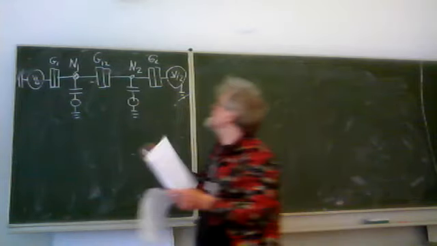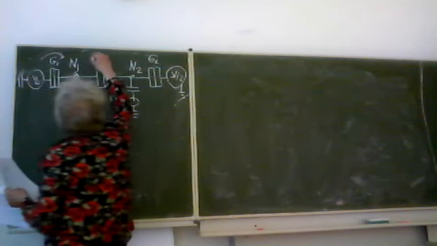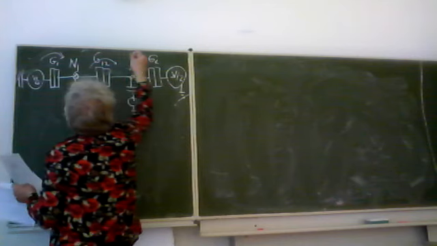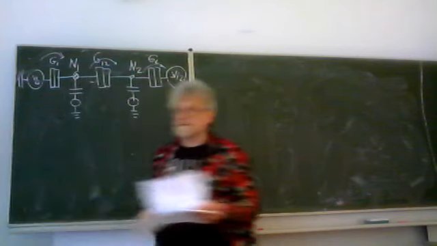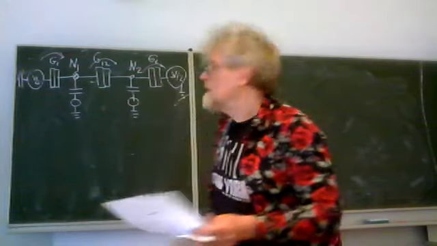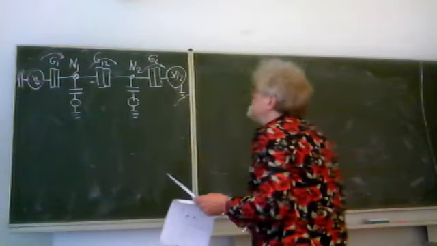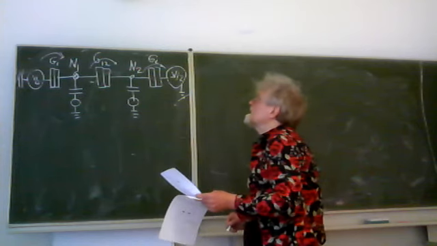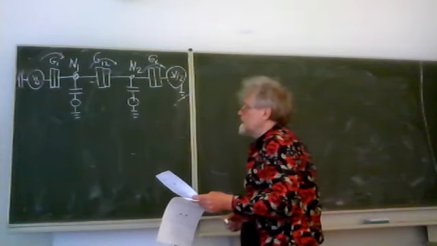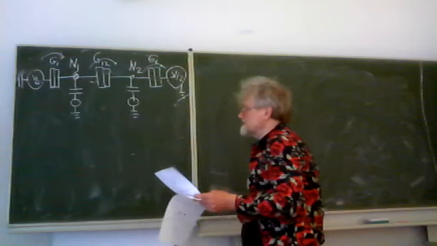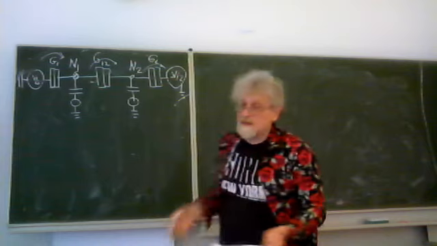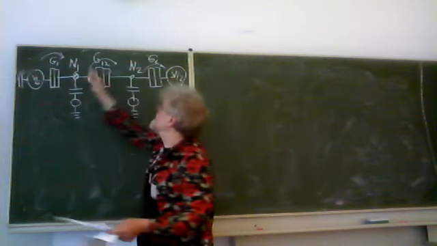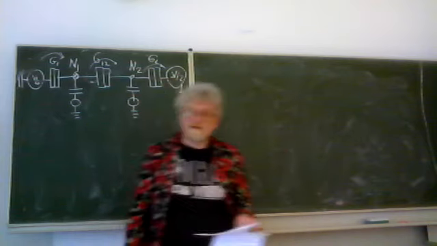Let me assume that electrons just go like this, to exclude many other processes which can happen in these junctions.